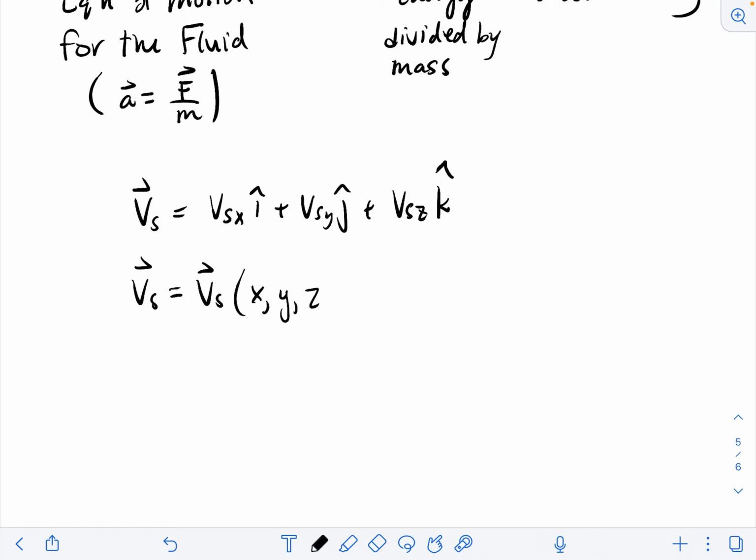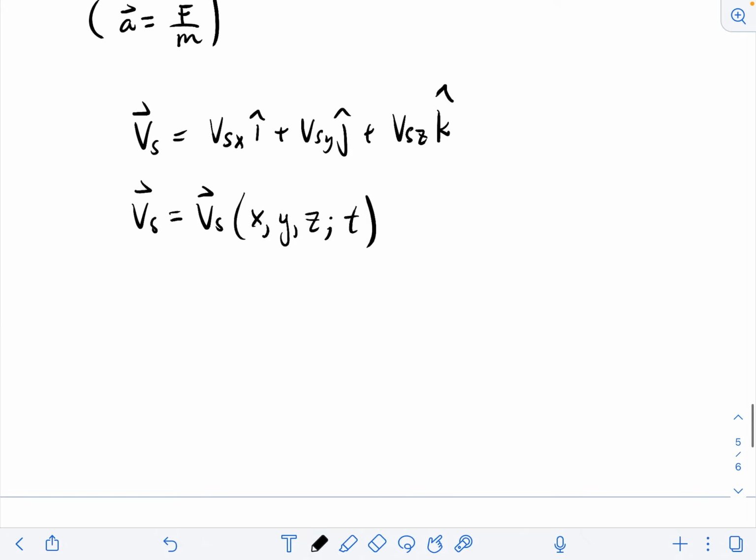And then each of these components, the Vsx, the Vsy, the Vsz, could be time dependent as well. And so our velocity depends on these 4 coordinates, 3 spatial coordinates and 1 time coordinate.